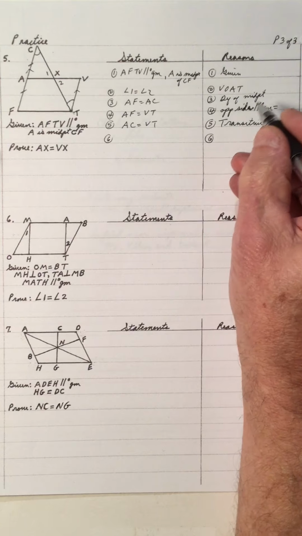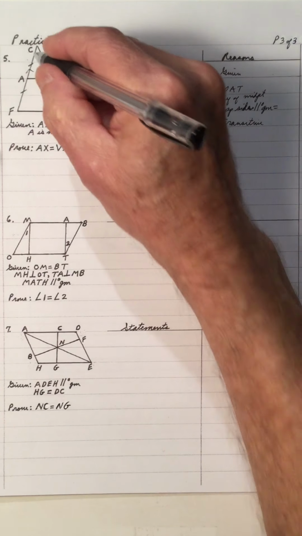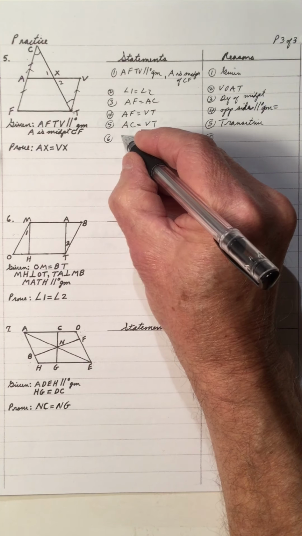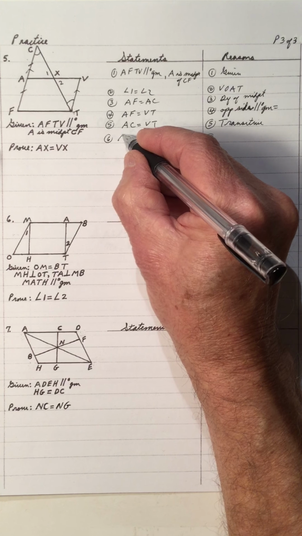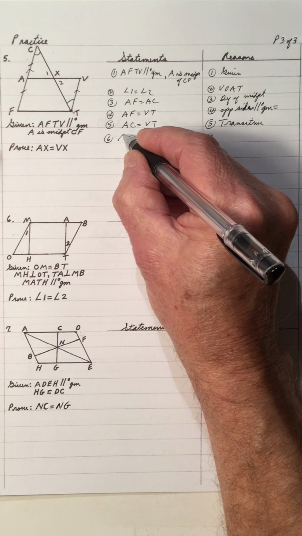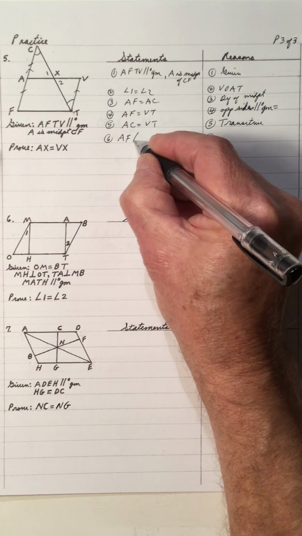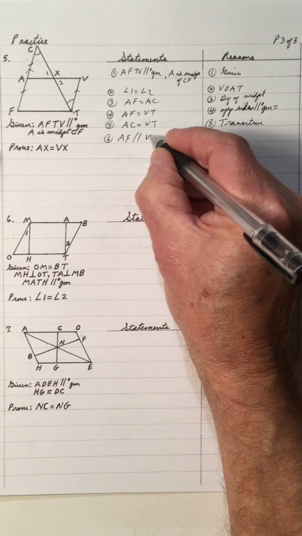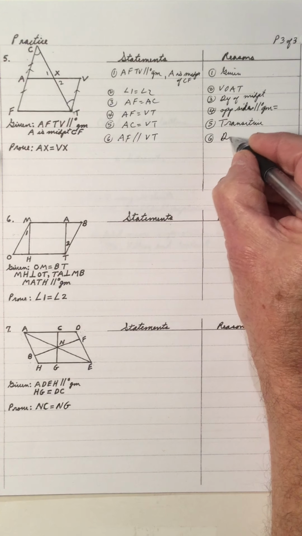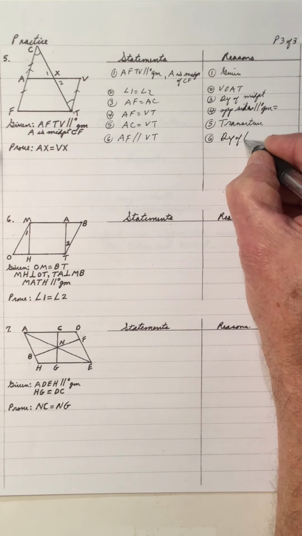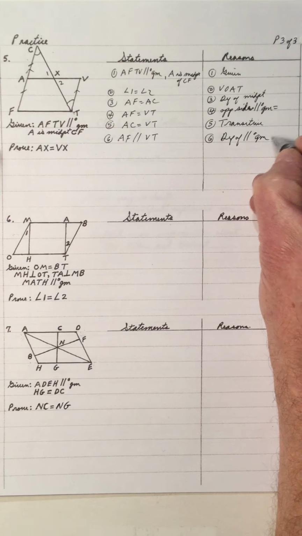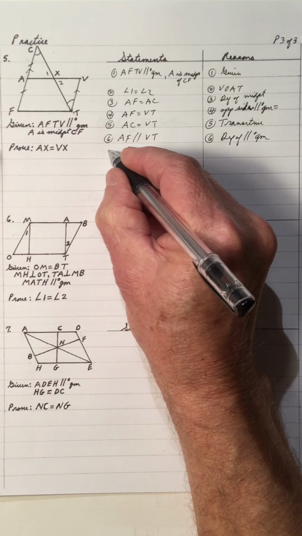So number 6, I need another angle. So I have that AF or CF, whatever you want. It could be AF or CF. You want to say AF is parallel to VT. That's the definition of a parallelogram. Opposite sides are parallel.